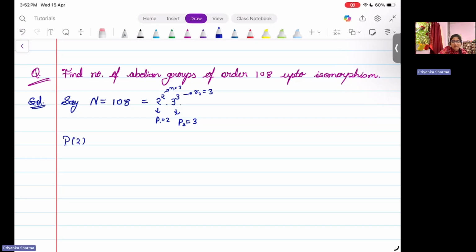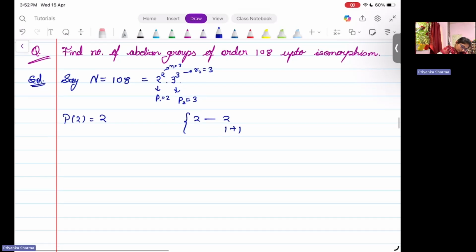Here we are considering partitions of r1 and r2, not p1 and p2, although they are the same. 2 can be written as 2 and 1 plus 1. So the number of partitions of 2 is 2. And what about 3? 3 can be written as 3, 2 plus 1, and 1 plus 1 plus 1. So the number of partitions of 3 is 3.